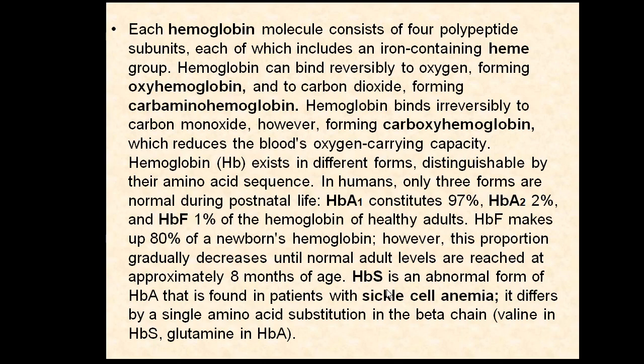It is an abnormal form of hemoglobin, which appears as a result of mutation in the beta chain, where the amino acid valine is changed into glutamine. And it provides the so-called sickle cell anemia. This hemoglobin S changes the shape of the erythrocyte and it becomes S-shaped.